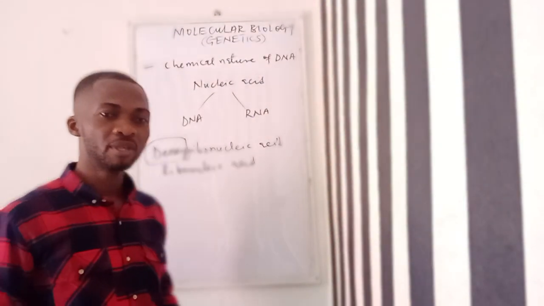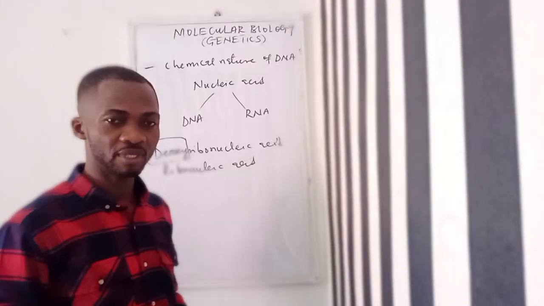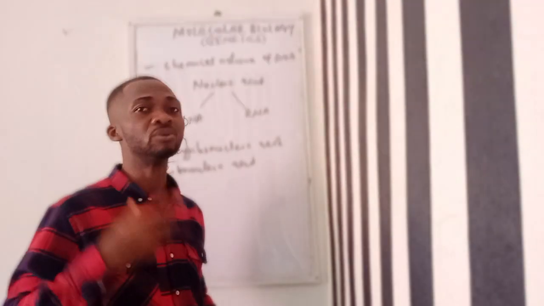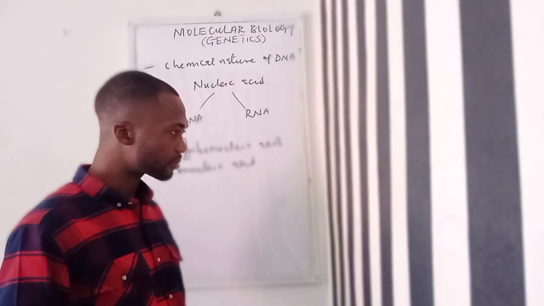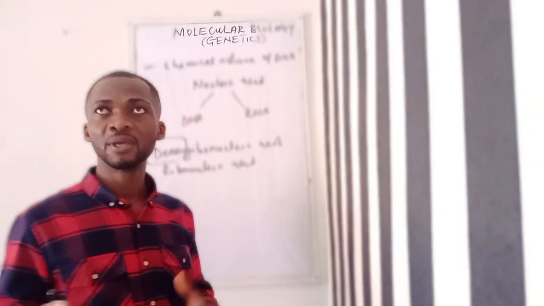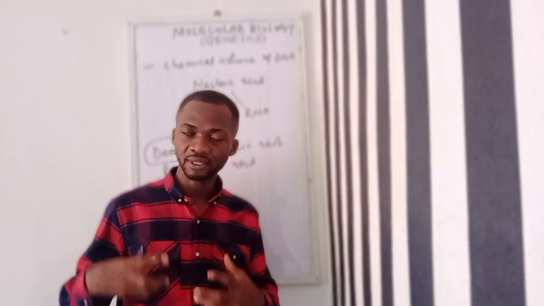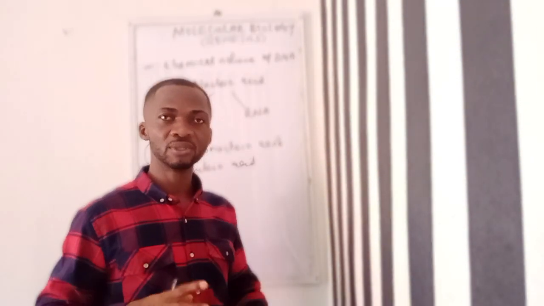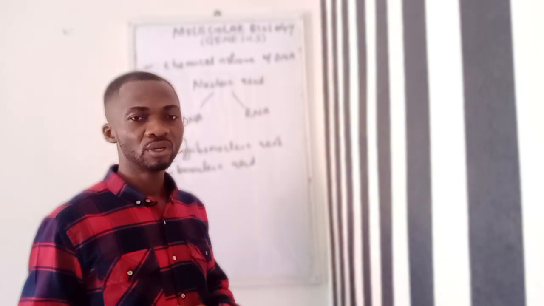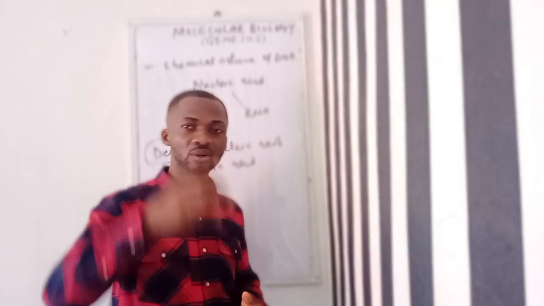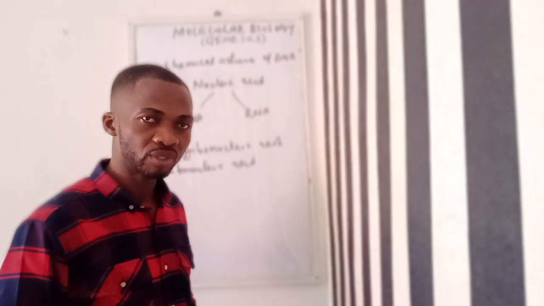That also explains the fact that RNA is a transcript of DNA. RNA comes from DNA, or RNA is produced from DNA. There are some few occasions where DNA can be synthesized from RNA, and that is what we call reverse transcription. If we have time, we can also look at that when we'll be talking about the central dogma.